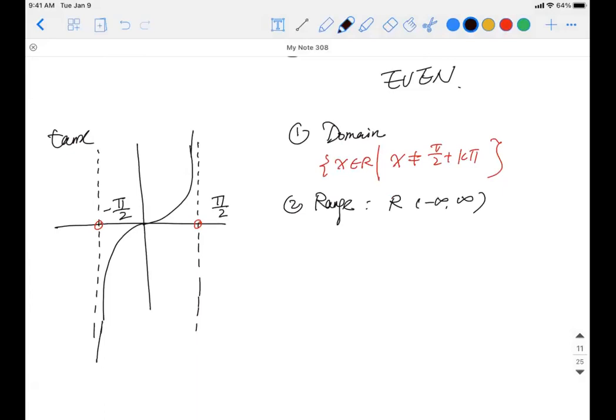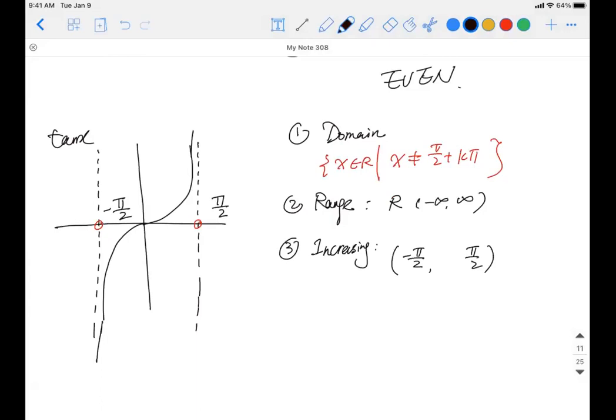Okay. Number three, increasing, decreasing. Tangent x is always increasing. There's no decreasing part. So it's always from minus pi over 2 to pi over 2 for one period. And the period of tangent x is actually k pi.